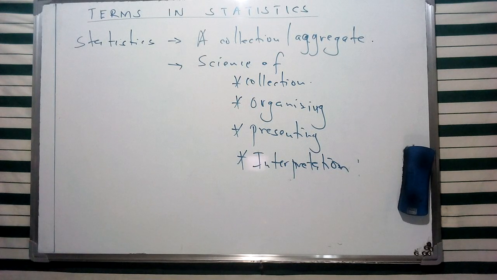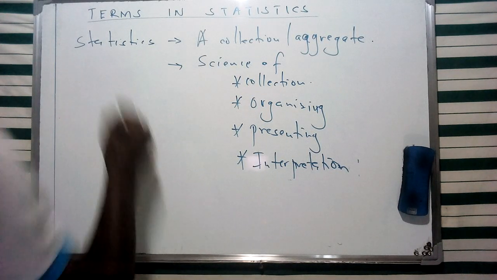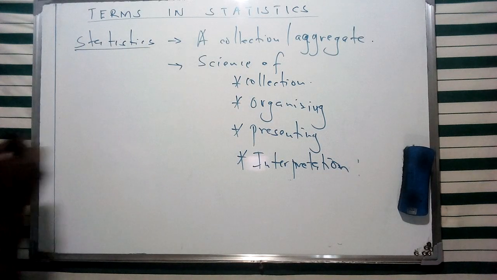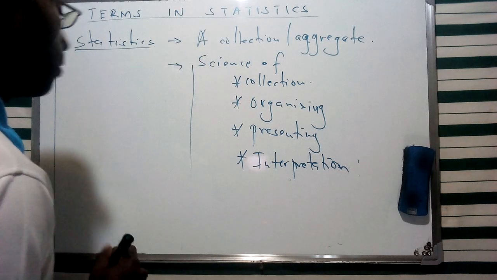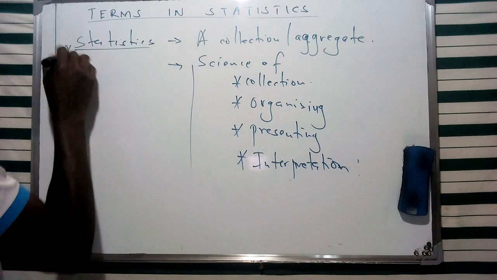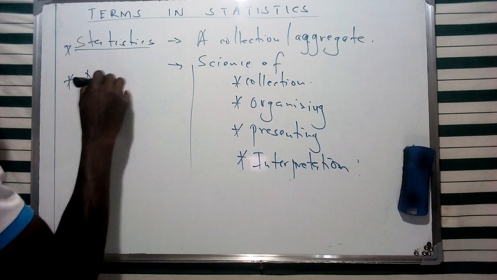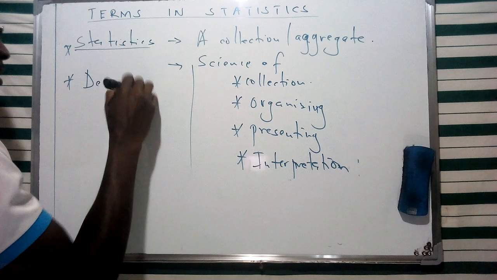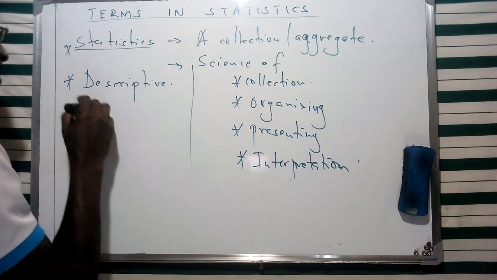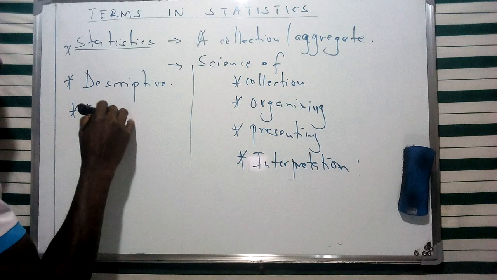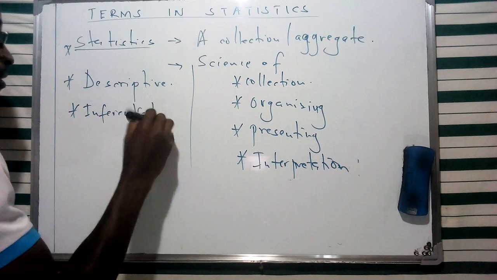Now, apart from the concept of statistics, I've mentioned two broader branches, and said that we can divide statistics into two broader branches, which include descriptive statistics and inferential statistics.